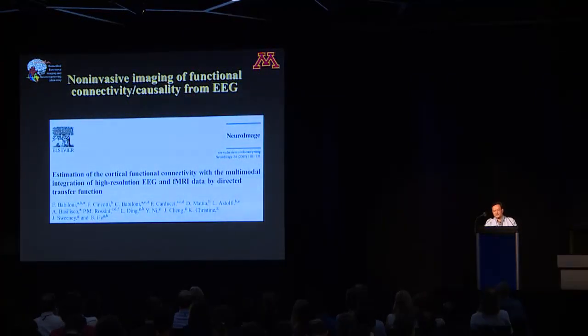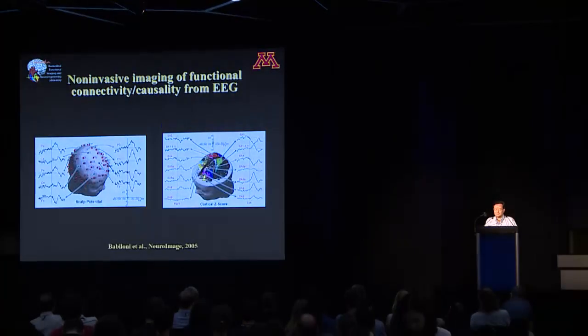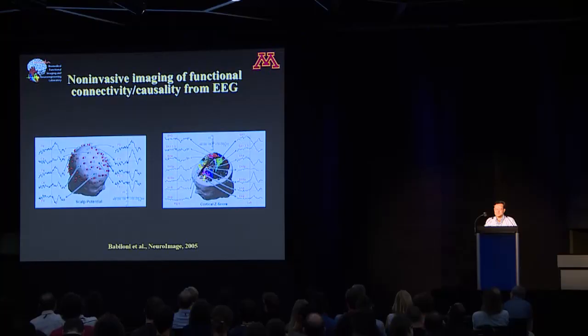From here, I want to bring to your attention one work which proposed the electrophysiological connectome, integrating source imaging with Granger causality analysis, published in 2005. In this approach, we transform the scalp EEG data, shown on the left panel, to the cortex at predefined regions of interest.